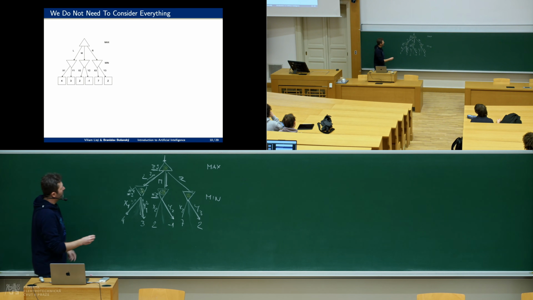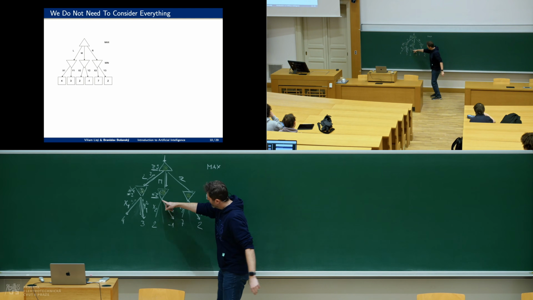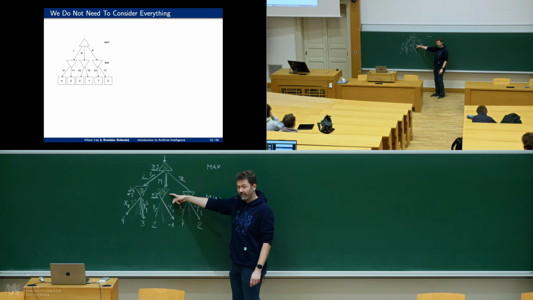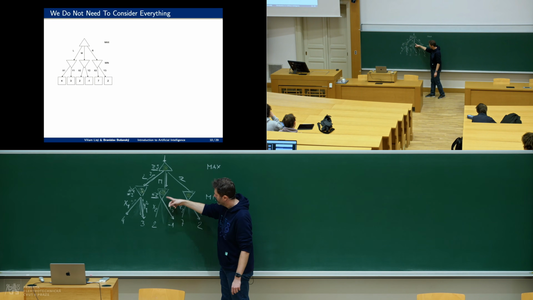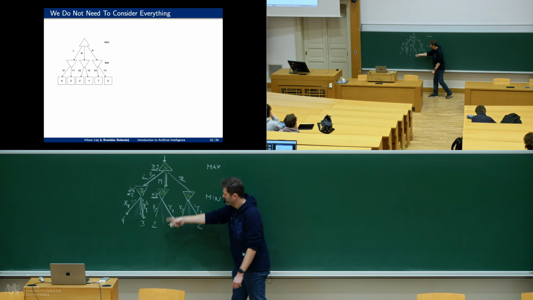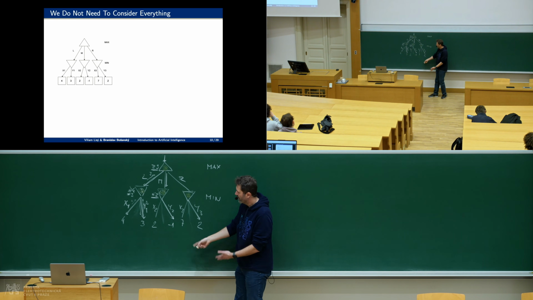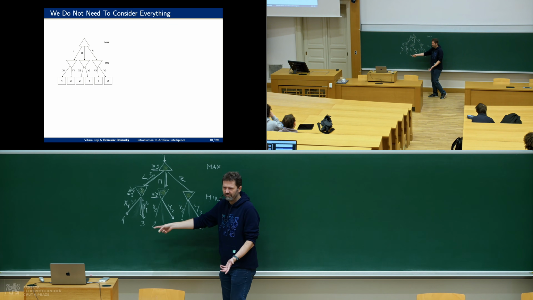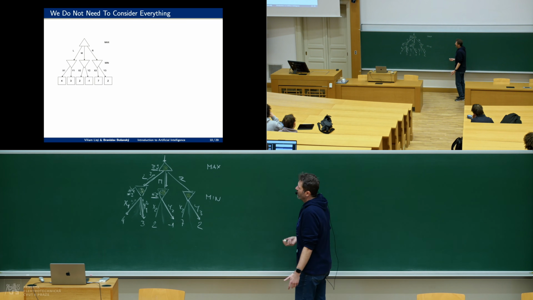Exactly. So after exploring and finding this value of 2, I know that the value of this node would be at most 2, because this is the minimizing player, right? So if here it's -1, it will be even less. If there is a 1 million here, it will still be 2. It's at most 2.